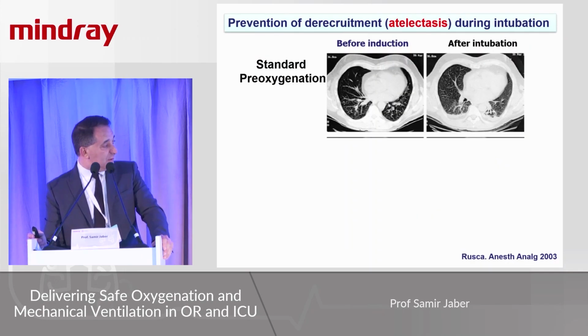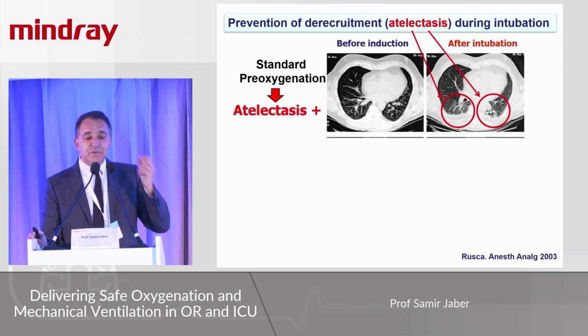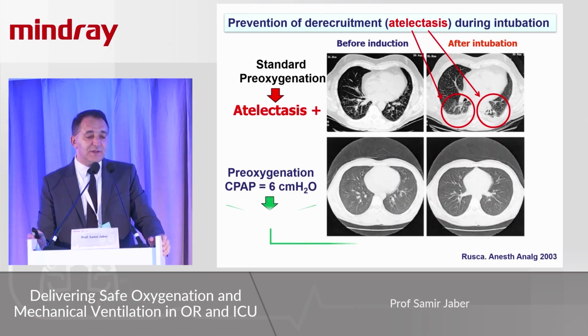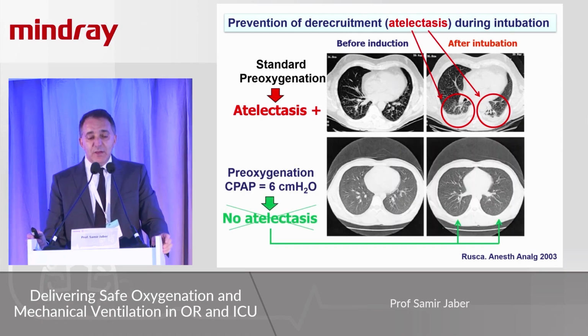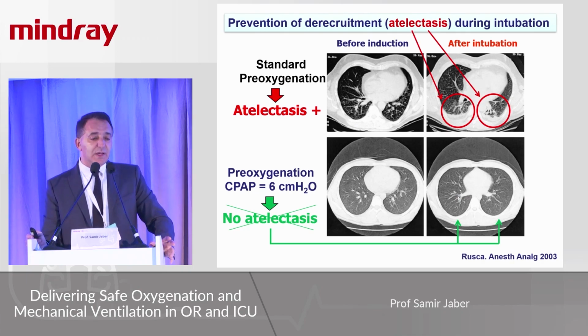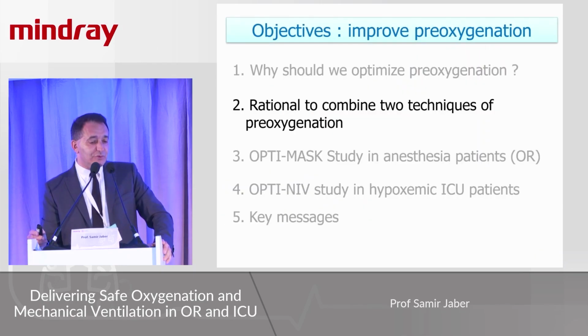So one proposition made here by the group of Hedenstierna first is to use a positive pressure, like a continuous positive airway pressure, to prevent the appearance of this atelectasis by using, for example, a CPAP of 6 centimeters of water level. And then you can avoid the appearance of atelectasis and improve oxygen storage.